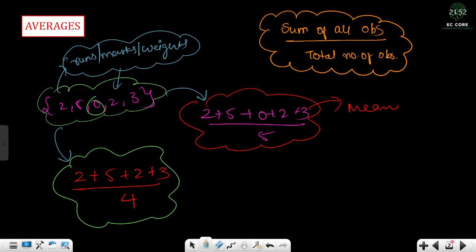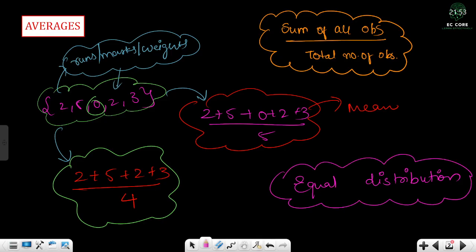Coming to the concept of average, you need to understand that average means equal distribution. I mean, if I am having anything, then I need to distribute it equally.